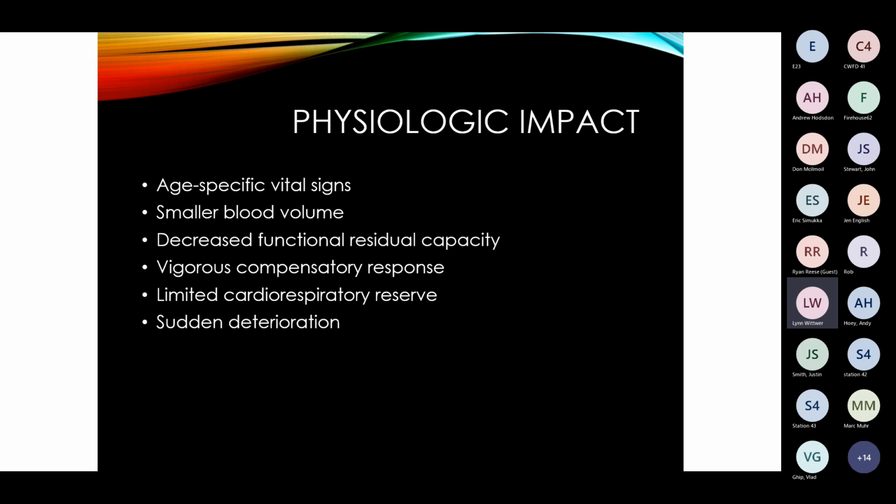initial injury, so that with blood loss from an injury, even with the smaller blood volume, the child can often keep its blood pressure normal or relatively normal for a long time, because it can get a great sympathetic response, which causes vasoconstriction, which will maintain blood pressure until it can't.